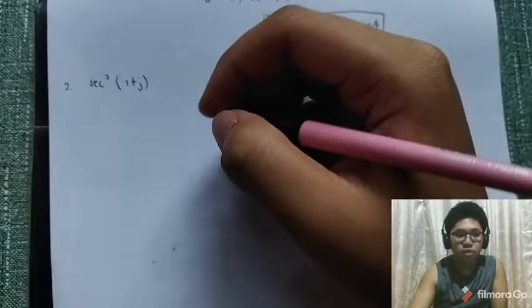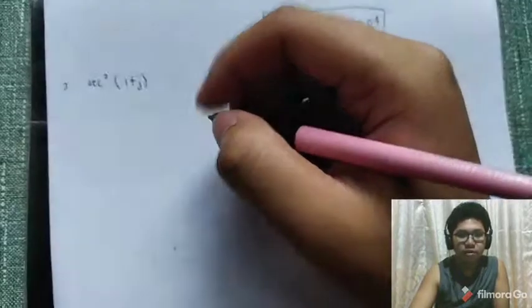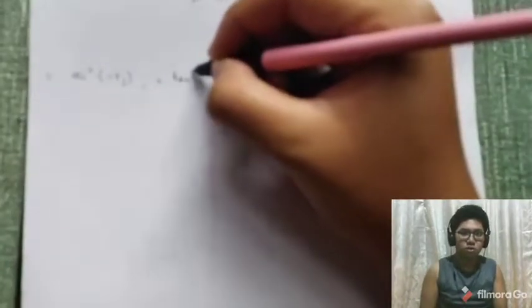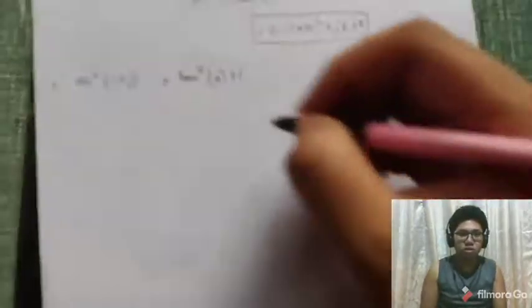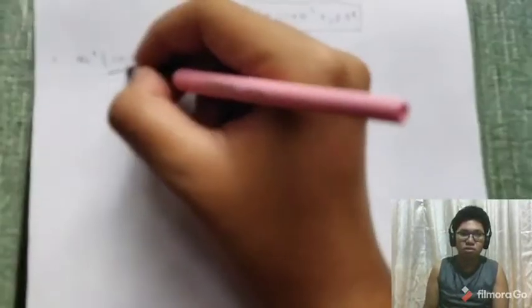For the second problem, we have the secant squared of 1 plus j. Using another trigonometric property, the secant squared of x is equal to the tangent squared of x plus 1.